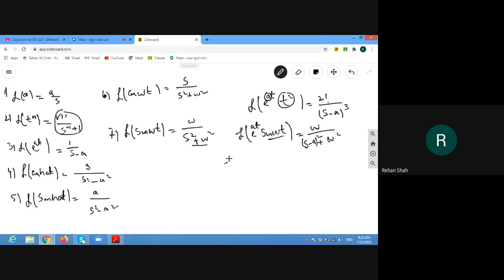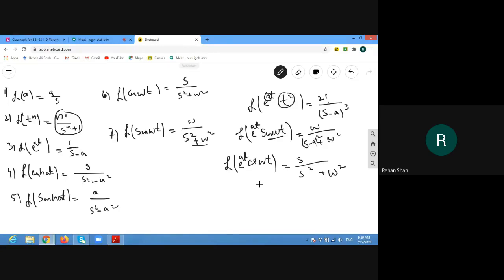So what will be the Laplace transform of e power at cos omega t? What is the Laplace of cos omega t? Which is s divided by s square plus omega square.